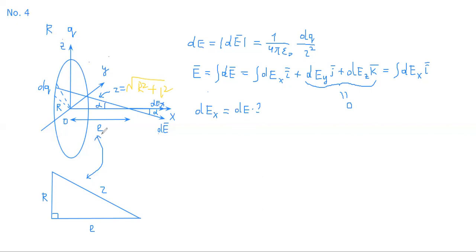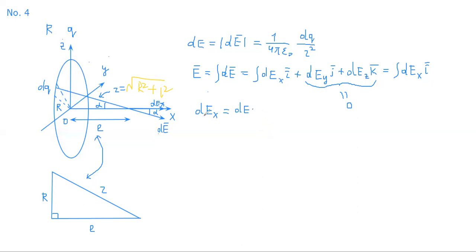What should be here, if you want to find dEx from dE? No ideas.